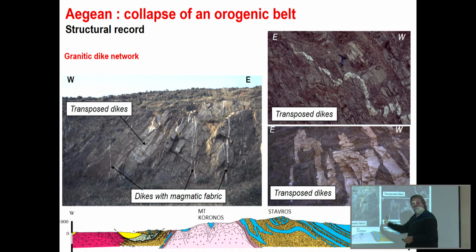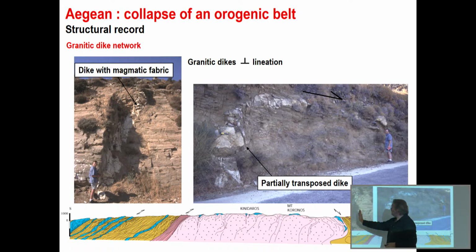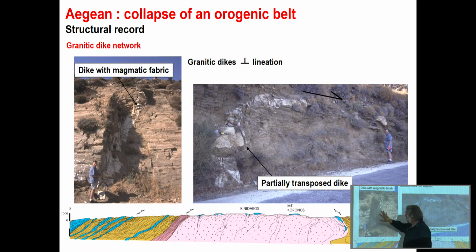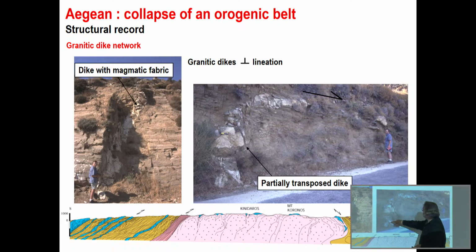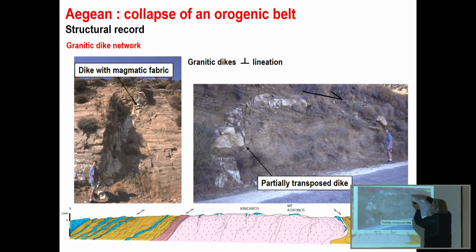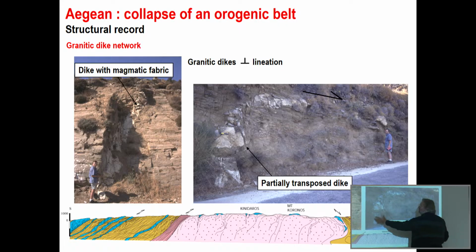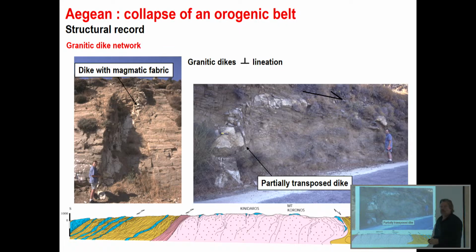What happens in the north-south section? Well, the same. Dikes that are vertical with a magmatic fabric, but other dikes that are sheared. So it's not transposed here, transposed there. This dike is the same, so it corresponds to a single magmatic emplacement.